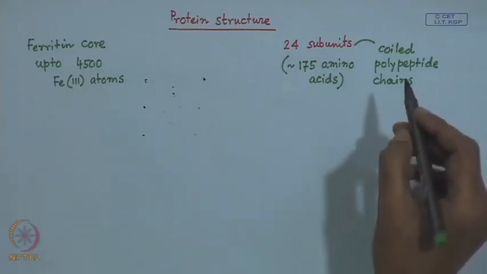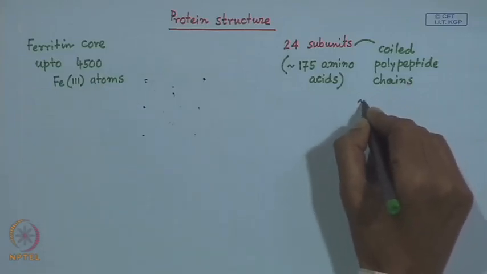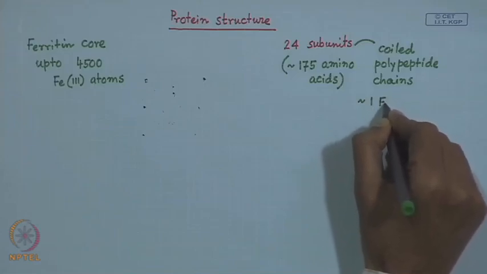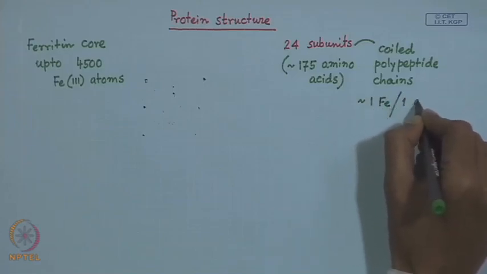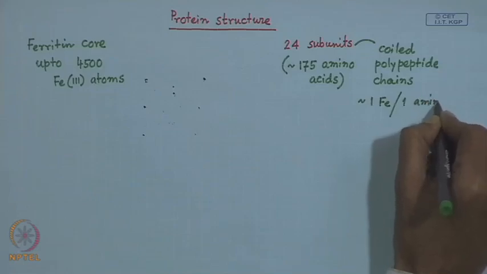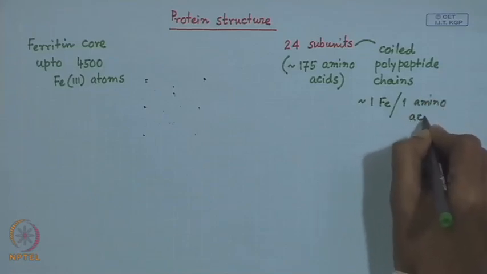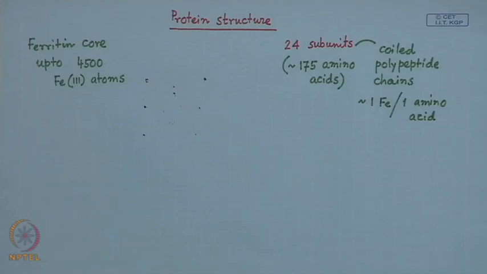So, basically what we get is about 1 iron per 1 amino acid. This is basically the ratio of amino acid to the corresponding iron center.